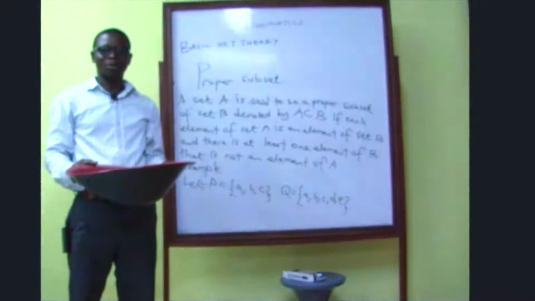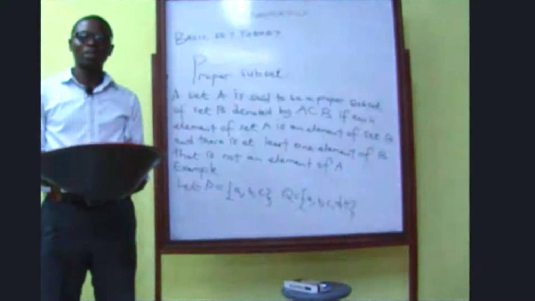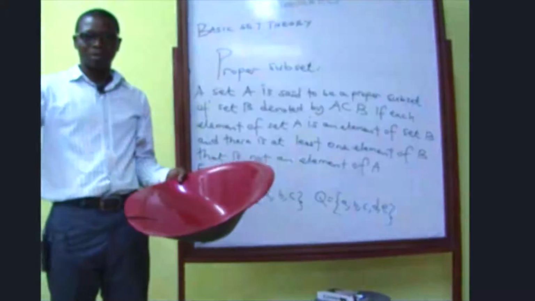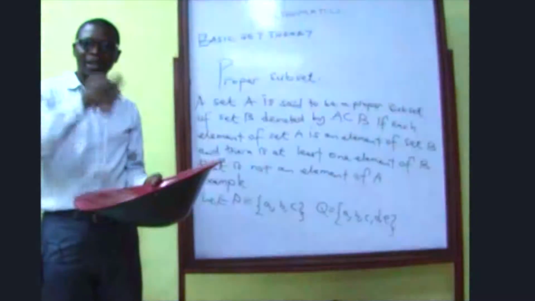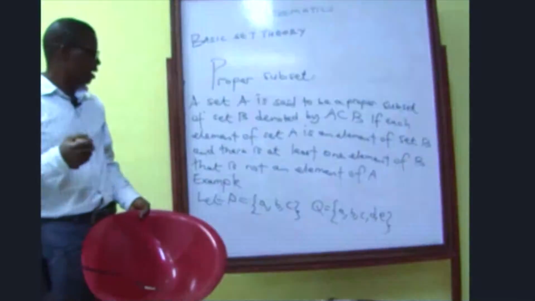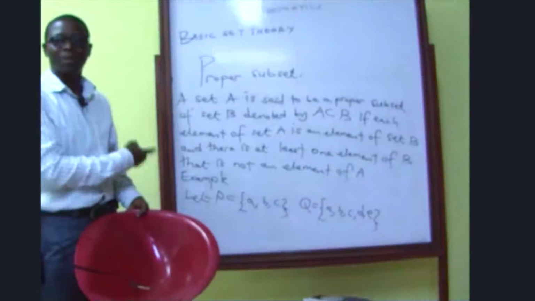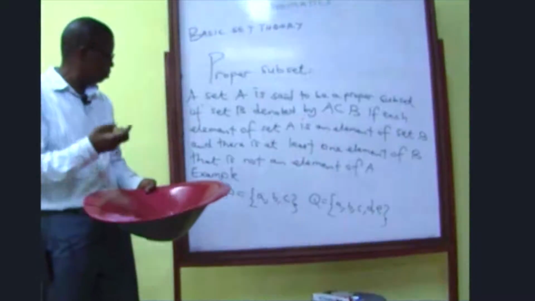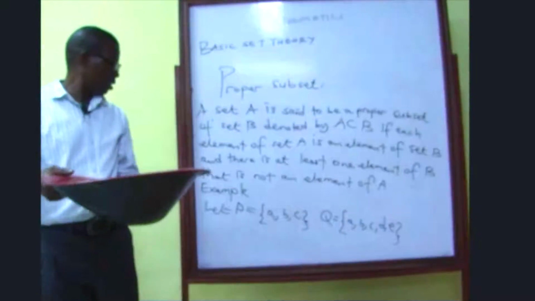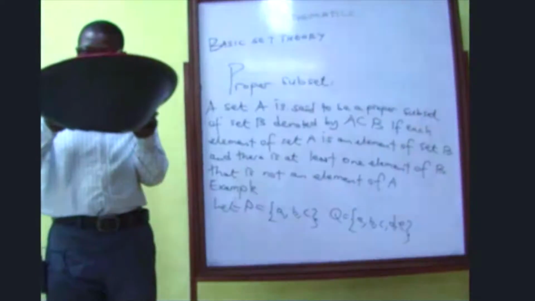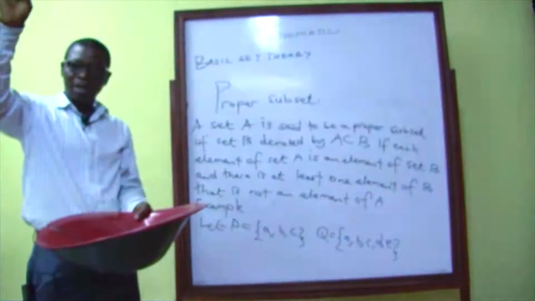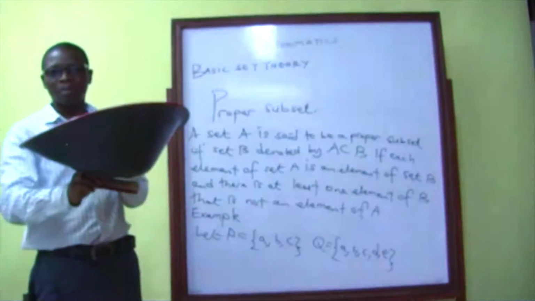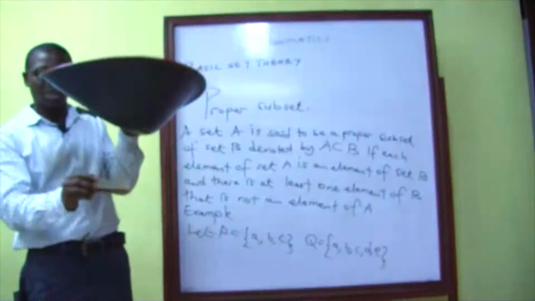Now, good question. You have asked a very beautiful question, which I will illustrate with this material, the duster. You said, can Q be a subset of set P? Now let's look at this. This is Q and this is P. Can this Q be put inside P?